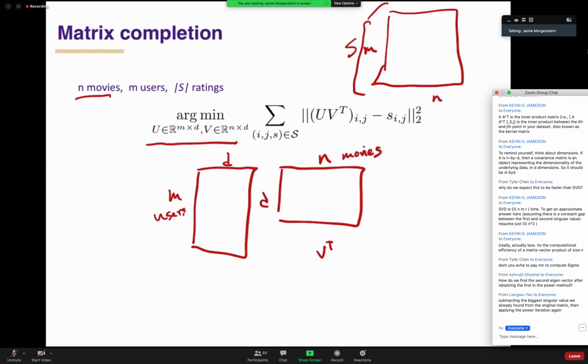So basically a way to represent the users and the movies on Netflix in something that is related to D, such that something that looks startlingly familiar to us. This looks a lot like reconstruction error.